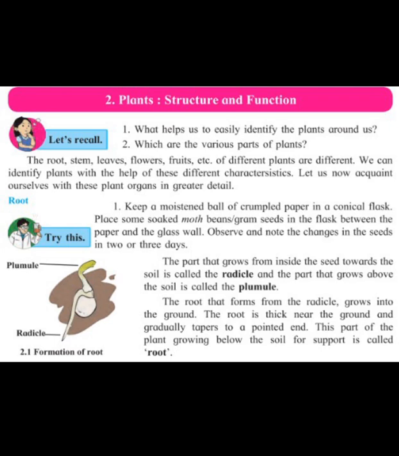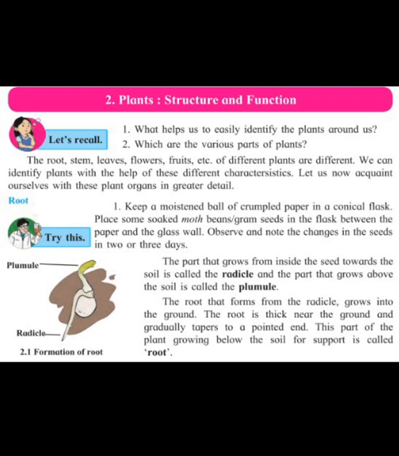Okay, root is a part of the plant that grows below the ground level. Now, children, can you all see figure 2.1, that is formation of root, right? Here we'll see how a root is formed.